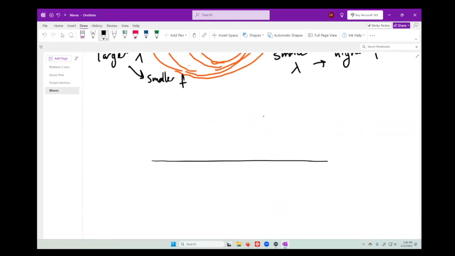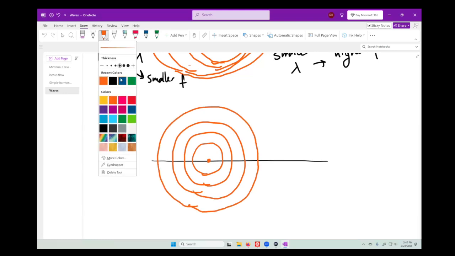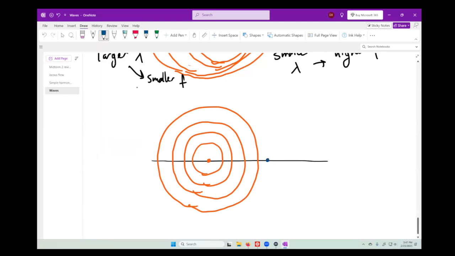Now this also works if the observer is moving. So let's say our source is here and just not moving, emitting waves like this. Okay. Well, now if you're the observer and you're moving toward the source, then you're going to encounter those wave fronts faster than if you were just stationary.